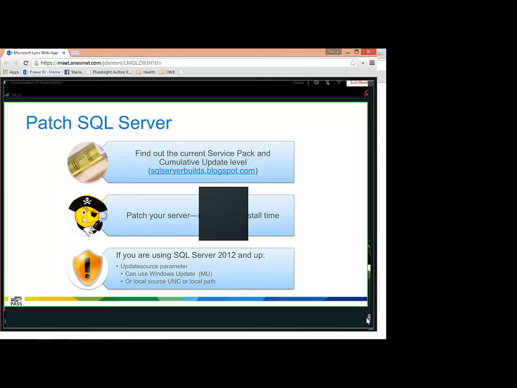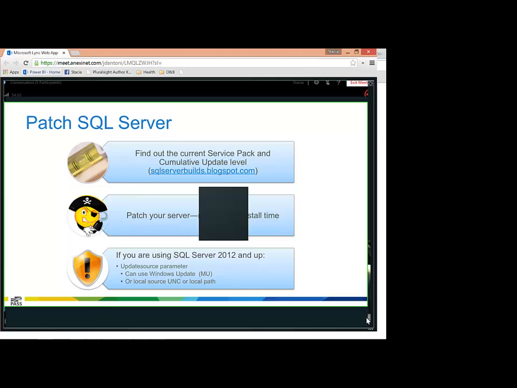There's no time like install time to patch, because you'll have to take downtime when you patch in the future, and you can take it when you're building. One nice thing that Microsoft did for us in SQL Server 2012 and up, if you remember in 2008 and below, when we went to install a new server, we had to do this process called slipstream that involved copying the CU files or the SP files over the initial ISO of the server, and it was really painful.